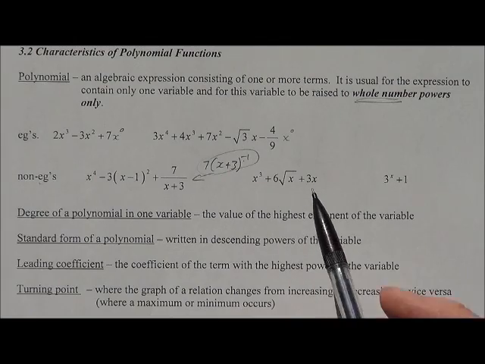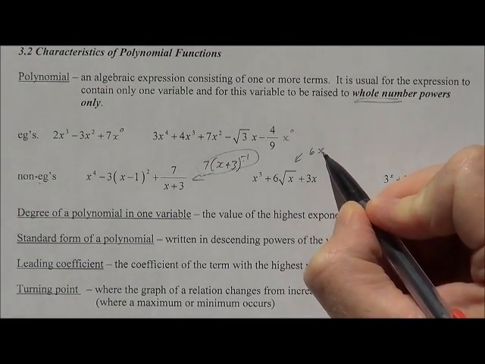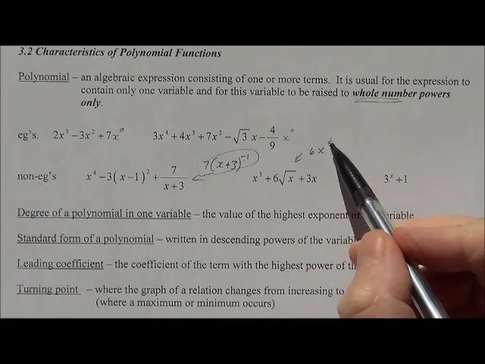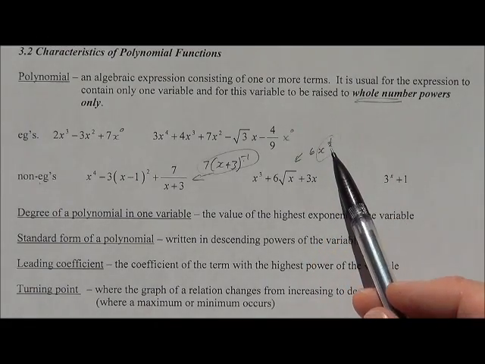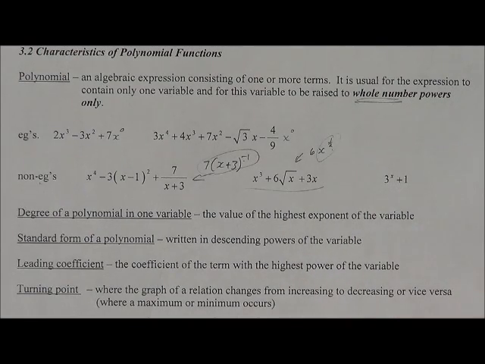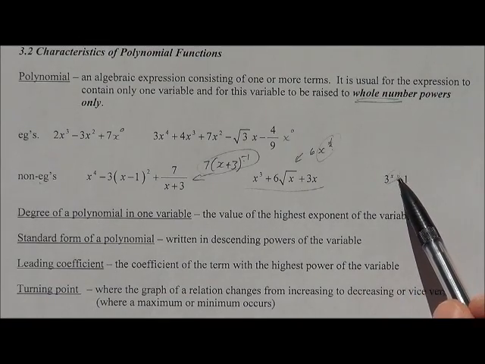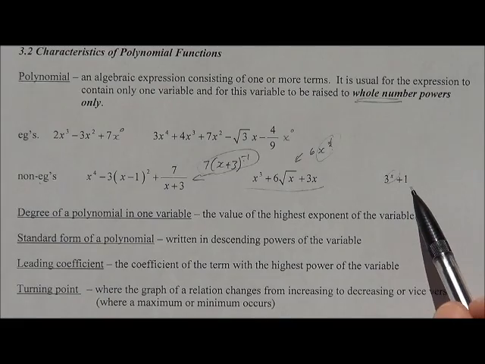In the second term, another way of writing it would be 6x to the 1/2. Again, not a whole number power, so that is not a polynomial. And in this case, that's an exponential, and because the x is in the exponent, that's also a non-example of a polynomial.